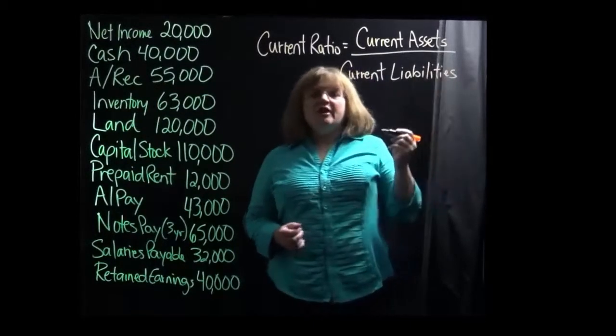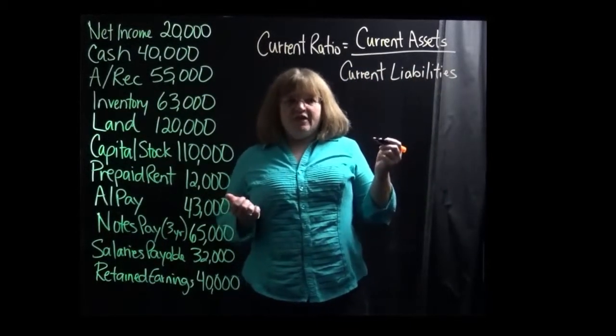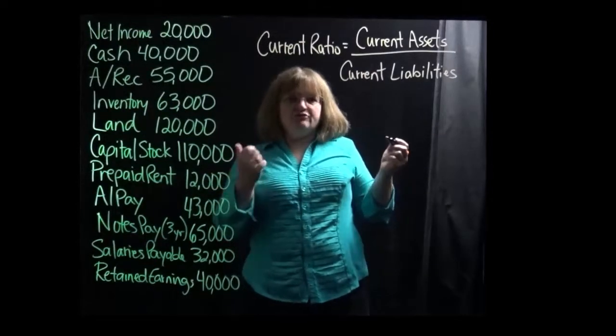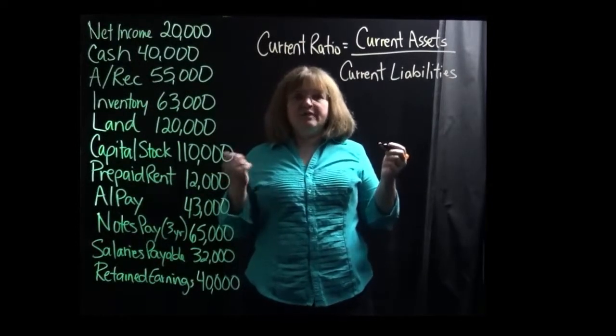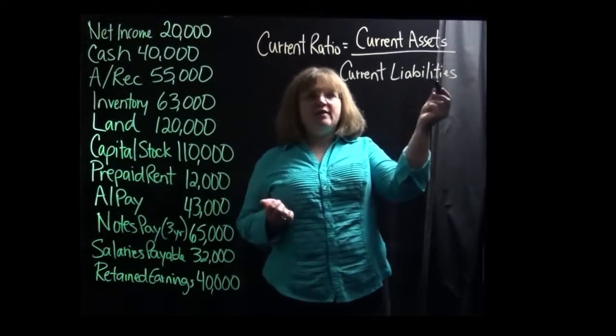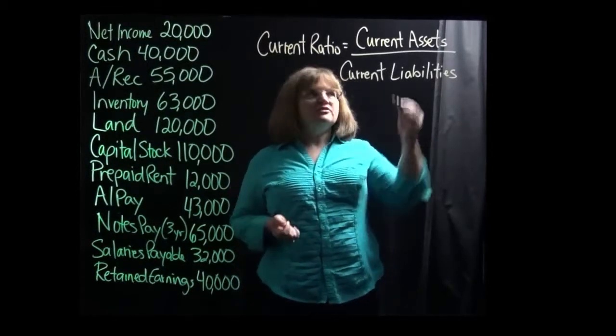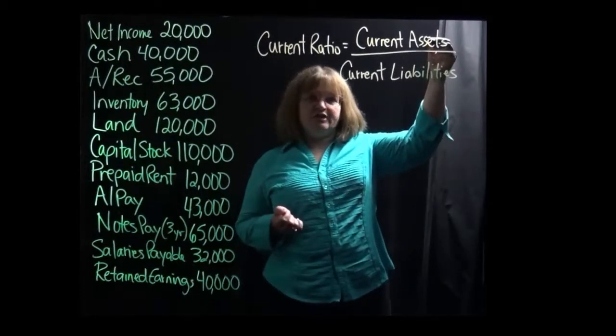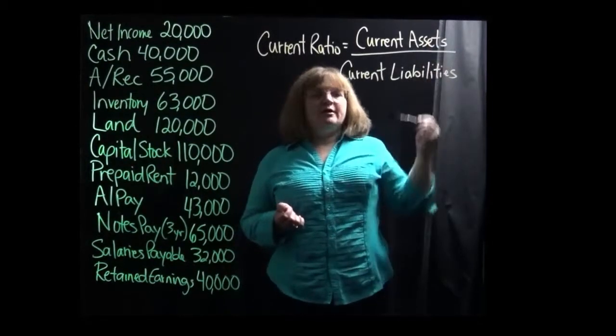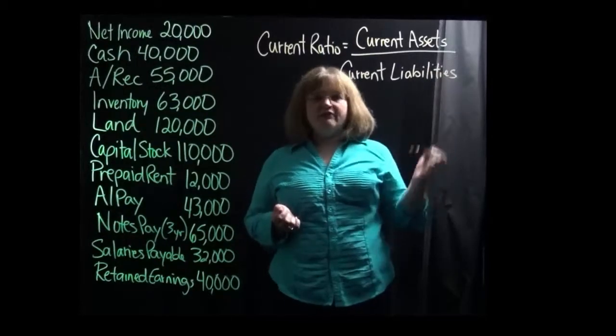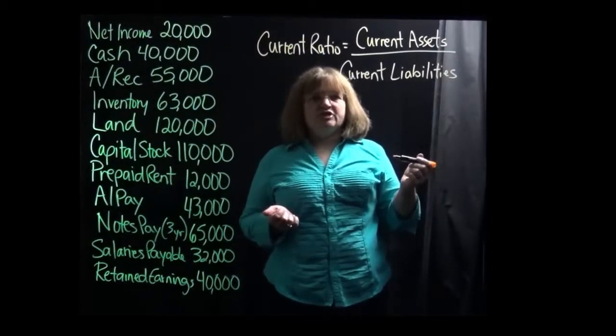Current assets are the things that a company owns that have value that they're going to turn into cash or use up in a relatively short time frame, typically less than 1 year. And current liabilities are the debts the company has that are going to come due in that 1 year. So if we have enough assets that we expect to turn into cash relatively quickly, if we have more of those than we have current liabilities, then we're in pretty good shape.